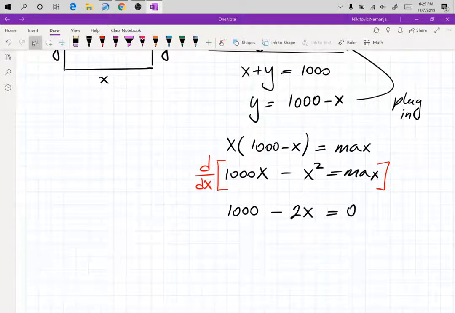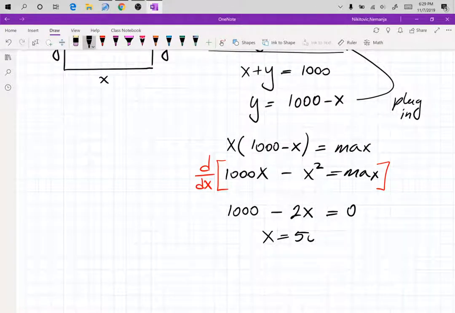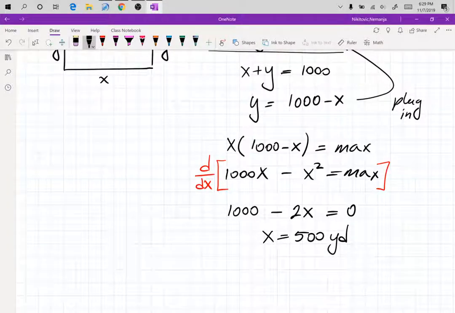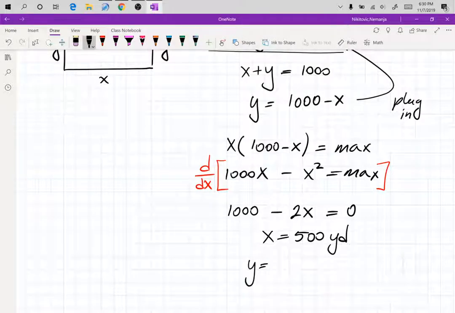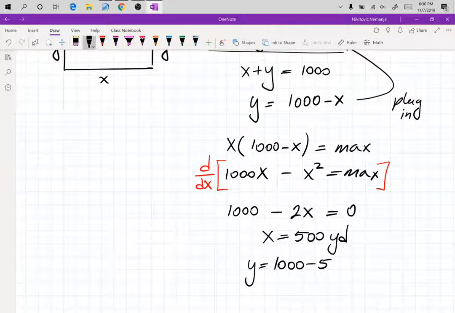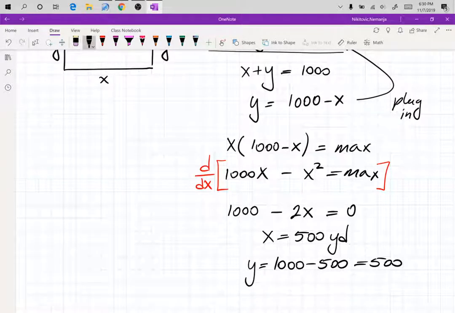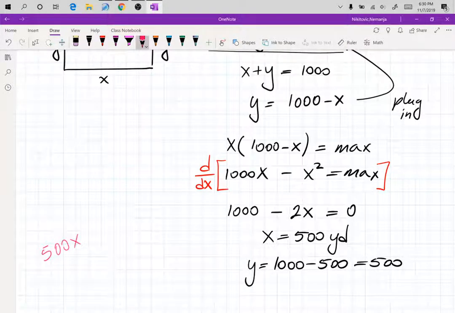From here, we quickly conclude that x is equal to 500 yards. And you can compute y, in this case 1,000 minus 500, also 500, and we get that the dimensions we are looking for form a square, very good, of 500 by 500 yards.